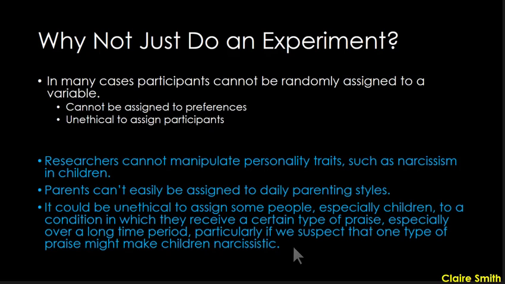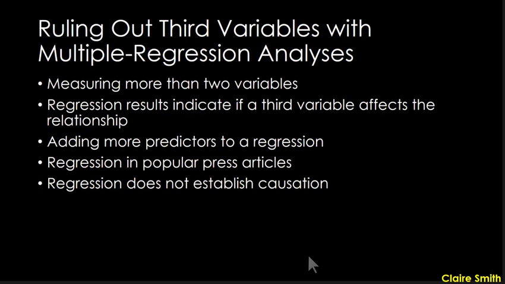So we can't always just do an experiment. So sometimes we just have to look at some correlational research. And again, in this chapter, multivariate designs give us ways to increase internal validity a little bit, and we're going to talk about that next.